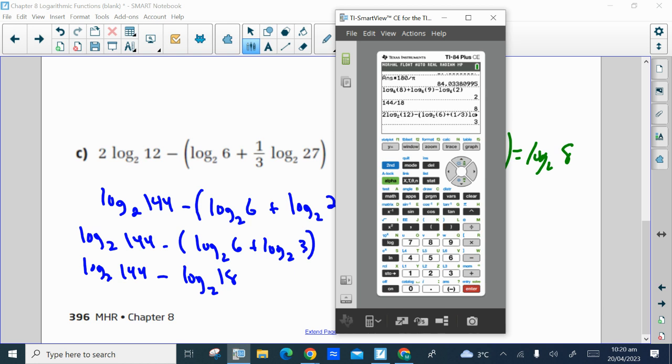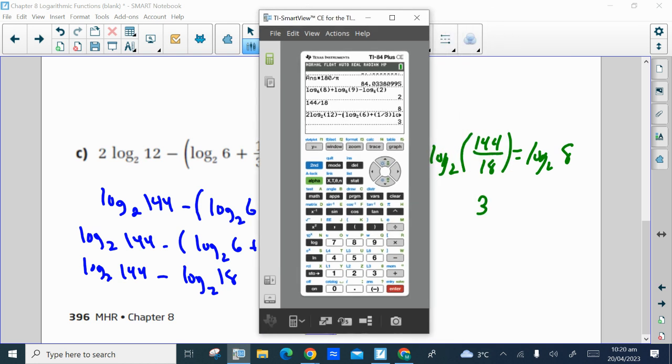And we get our answer of 3. So it checks.